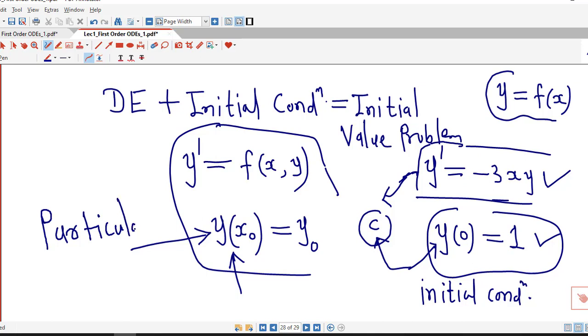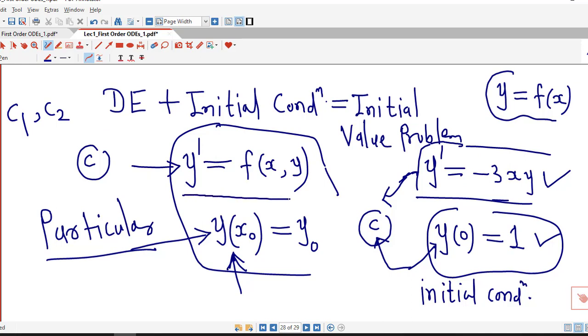So solution of initial value problem is always of the type particular solution, and here we are discussing only first order differential equations. So we know that there is only one arbitrary constant in the general solution of first order differential equation. So we require only one initial condition. Suppose we are discussing second order differential equation, then there will be two arbitrary constants in the general solution of second order differential equation.